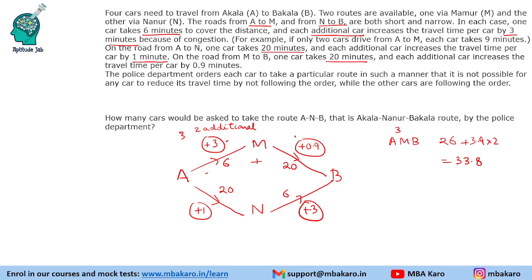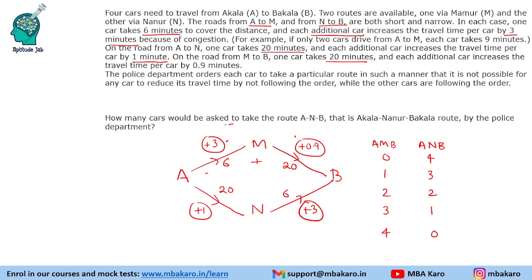Now let us formulate the different scenarios and then figure out what should be the answer to this question. So we will have 4 scenarios, in fact 5 scenarios. So we have ANB and AMB: 0, 4; 1, 3; 2, 2; 3, 1; and 4, 0.